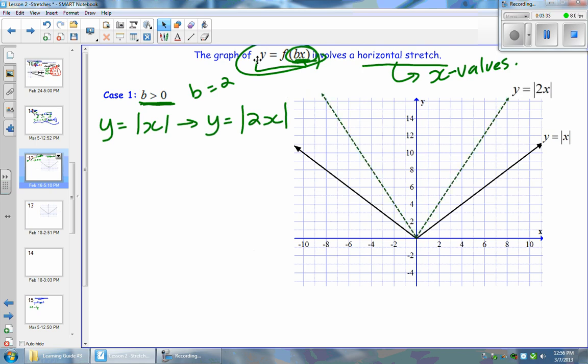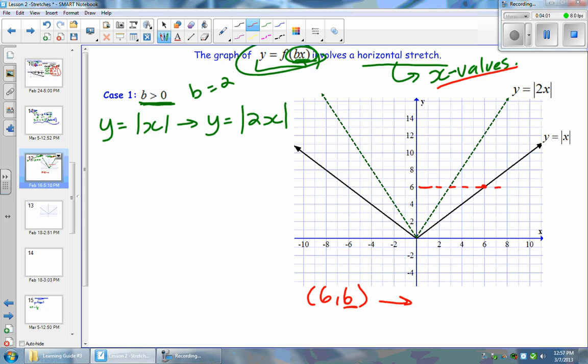Okay, so there is the graph of y is equal to the absolute value of 2x. And remember, we are only concerned about what happens to my x values from the original graph to the transformed graph. So let's pick a point on the original graph. I'll pick that one right there, 6, 6. We want to know, if we leave our y values constant, because that's not what we're looking at, where does it go on the transformed graph?